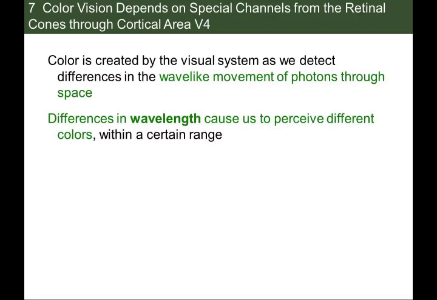Okay? So blue, or maybe violet here, is 400 nanometers, while red is 700 nanometers. The reason why you're seeing red is that your brain is interpreting 700 nanometers to correspond to your perception of red.